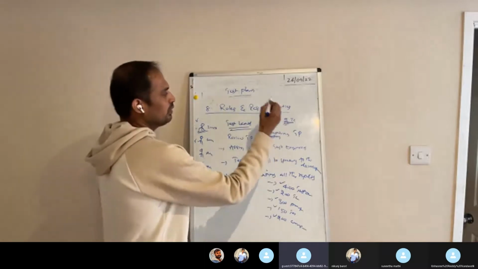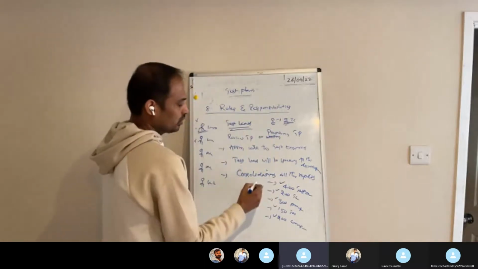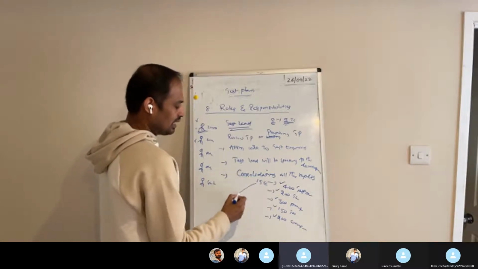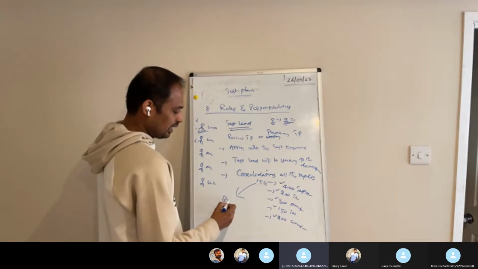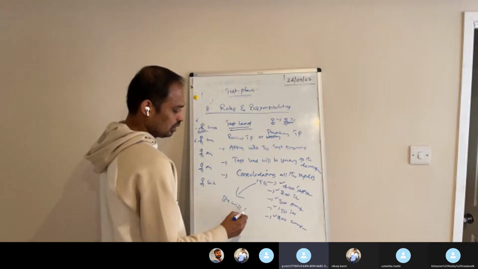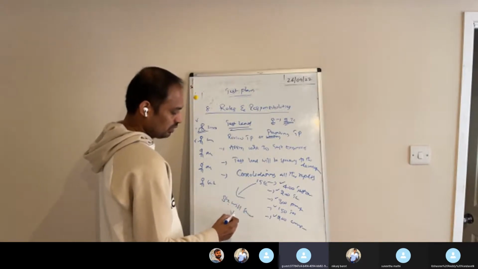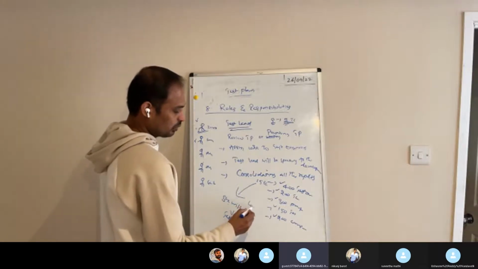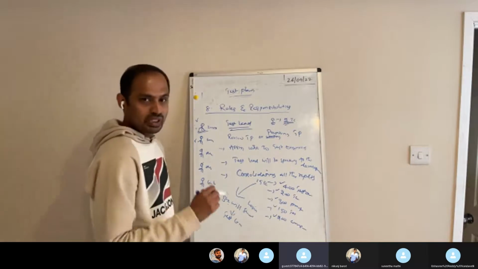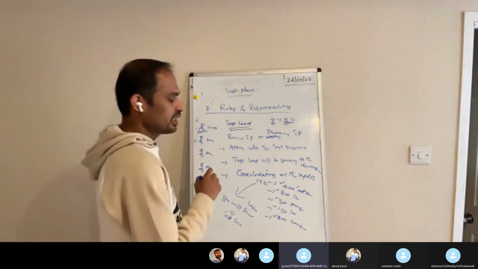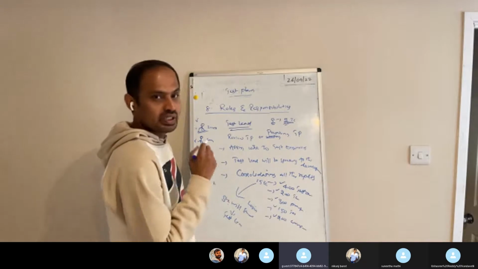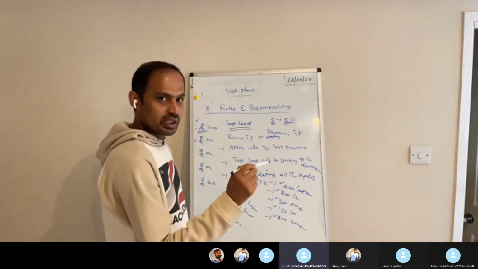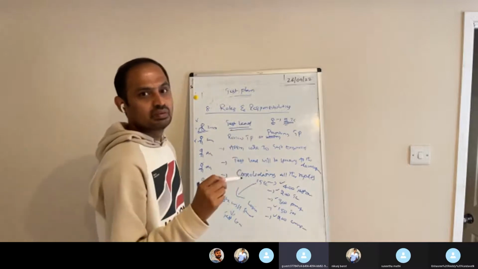So if Sunita has tested 15 test cases, she will send a daily report to the test lead about the login functionality: number of test cases passed, failed, executed, and pending.